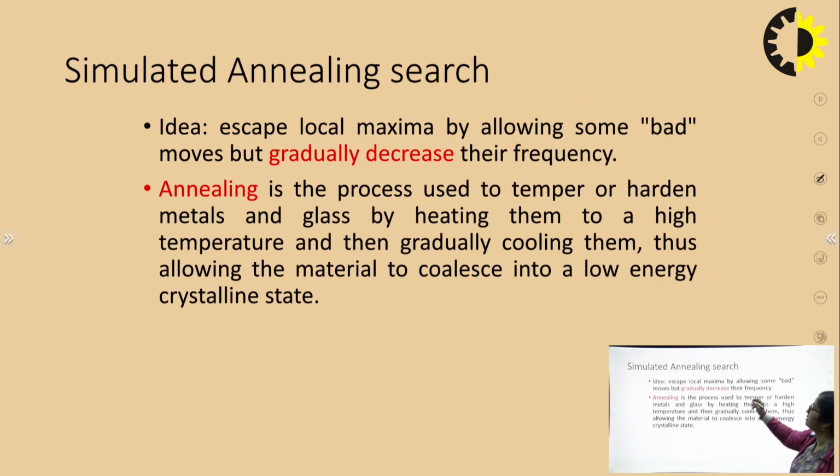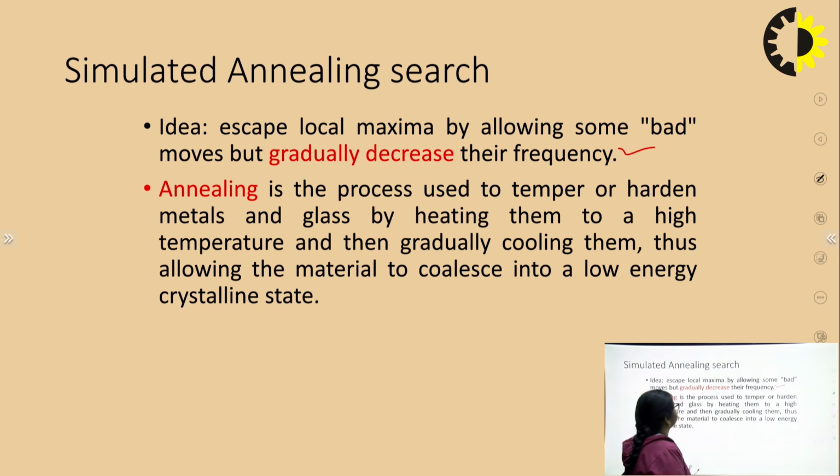Escape local maxima by allowing some bad moves. So what we are talking about is taking a random move. Now when we take a random move, it may be poorer than the existing one. What we were doing in hill climbing, we were always taking a better neighbor, otherwise we were discarding the neighbors.